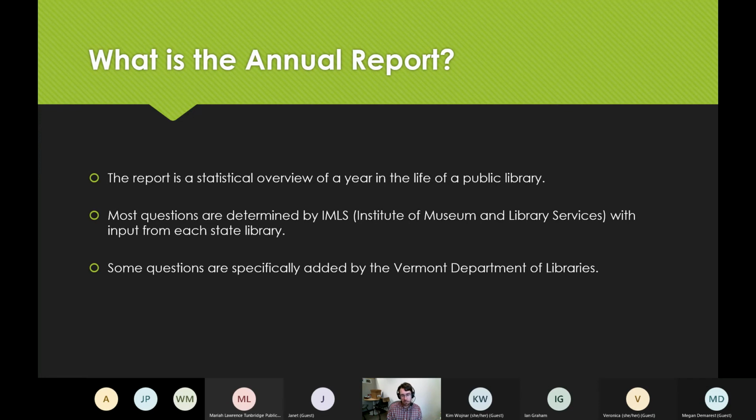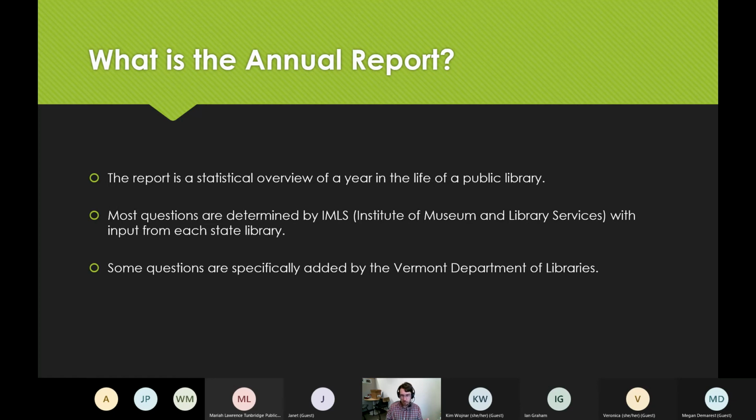Not every library participates every year, but in general, every library is eligible, and we try to get everybody to participate. Most of the questions in the report come from IMLS, the Institute of Museum and Library Services, not our boss exactly, but they're the ones who oversee this overall program.